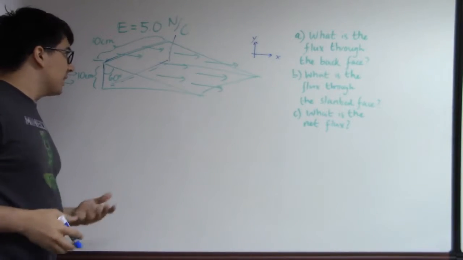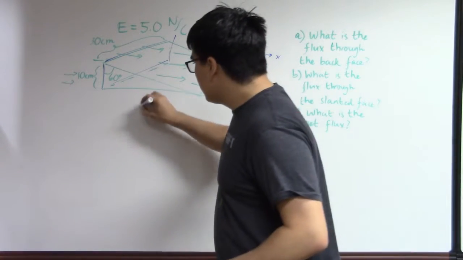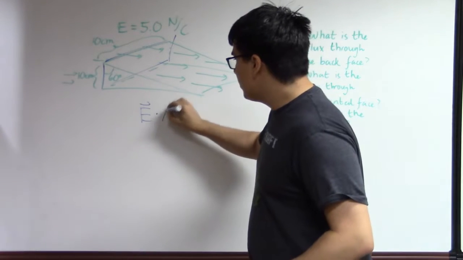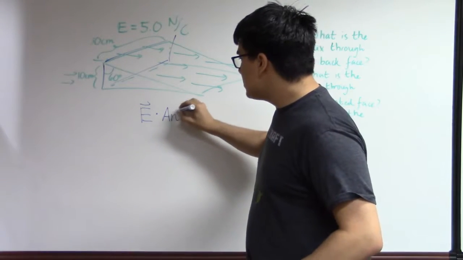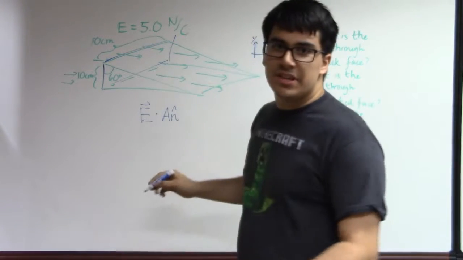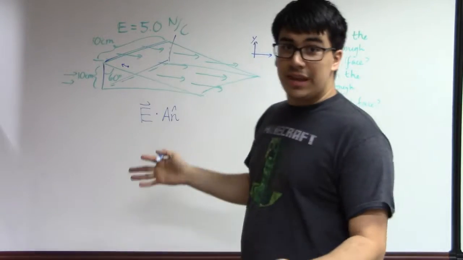And the question really is, it's going to be the electric field dotted with the area times the area vector. The area vector is essentially a unit vector pointing perpendicular to the face and to the outside.